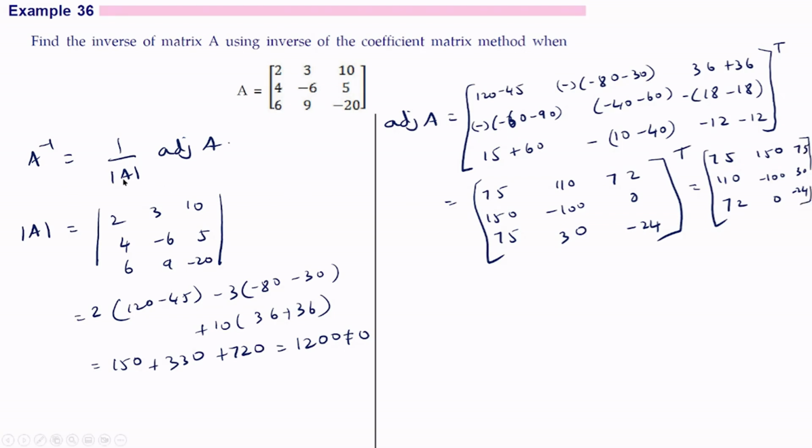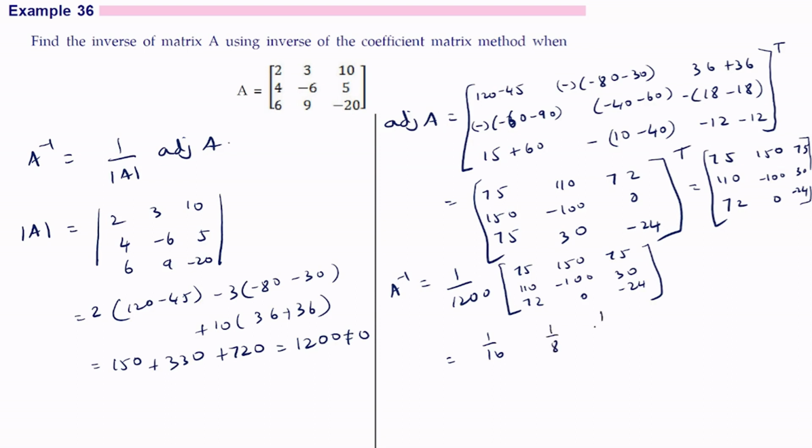So A inverse is 1 by determinant of A into adjoint of A. So A inverse is 1 by 1200 into adjoint of A: 75, 150, 75, 110, minus 130, 72, 0, minus 24. Here we can write it as fractions. 75 by 1200 is 1 by 16. 150 by 1200 is 1 by 8.